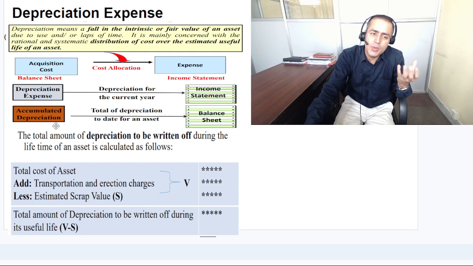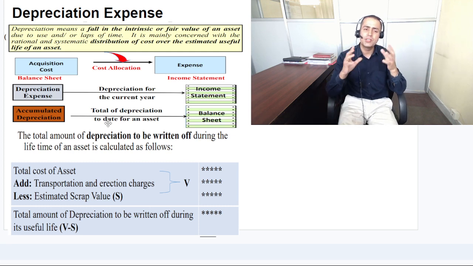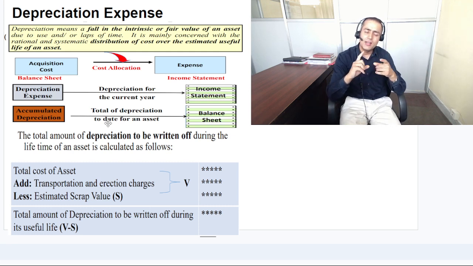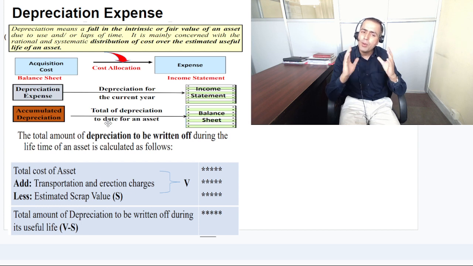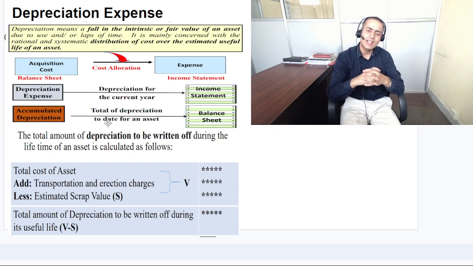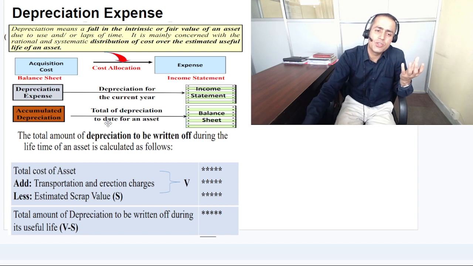What about the accumulated depreciation? For example, you purchase a machine for 1 lakh whose life is 10 years, with a 10% reduction in the value of the machine each year. If you have used it for 4 years, then 10% of 1 lakh is 10,000 depreciation times 4. So annual depreciation expense times the time period is the accumulated depreciation, which is reported under the balance sheet.